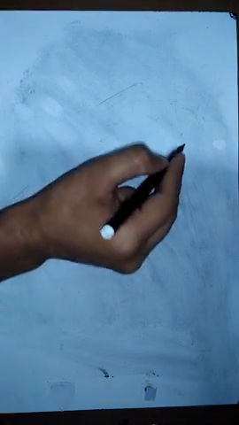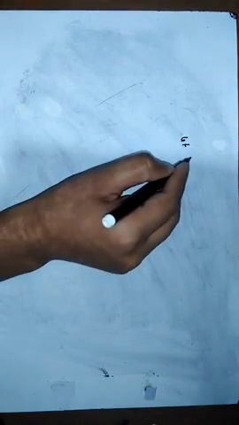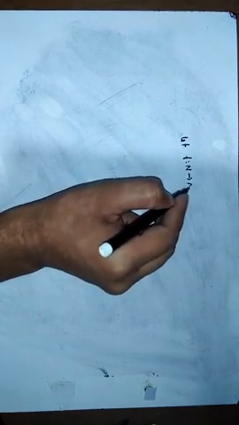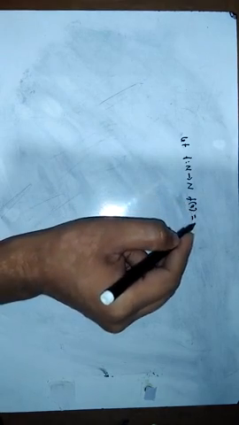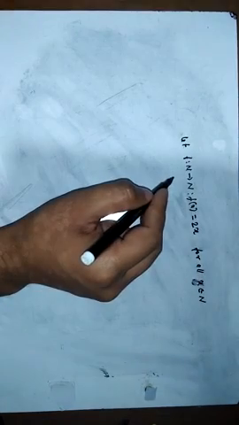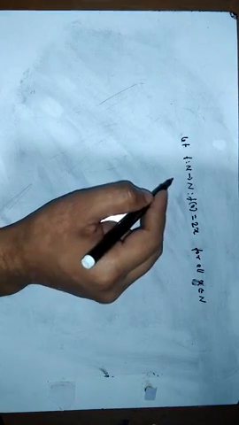Let f: N → N be a function such that f of x is equal to 2x for all x belongs to N. We have to show that this function is 1-1 and onto.